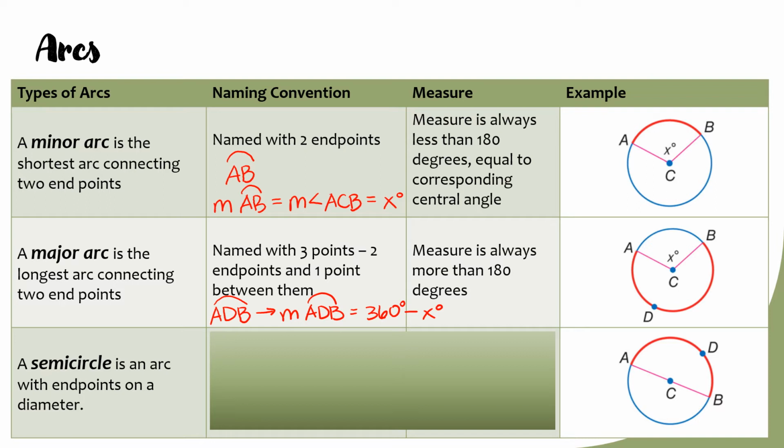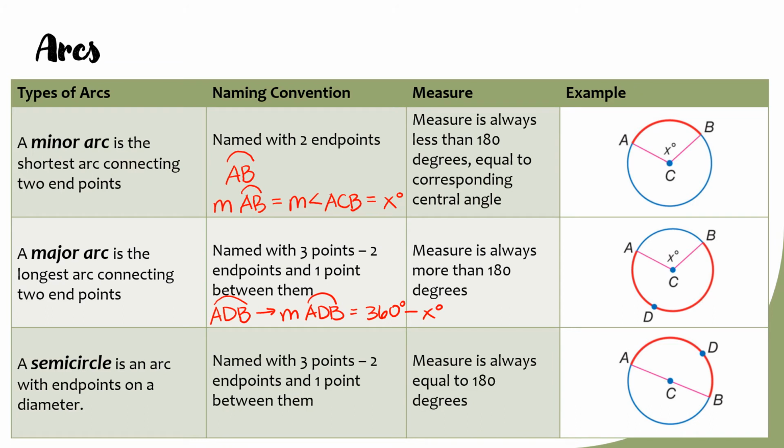All right, so we've got one type of arc that is always less than 180 degrees, one type of arc that is always greater than 180 degrees. The last must be equal. So that's our semicircle. A semicircle is an arc with endpoints on a diameter. So it basically is cutting our circle in half. We do name these with 3 points, again, just to designate which side of the circle we're talking about.